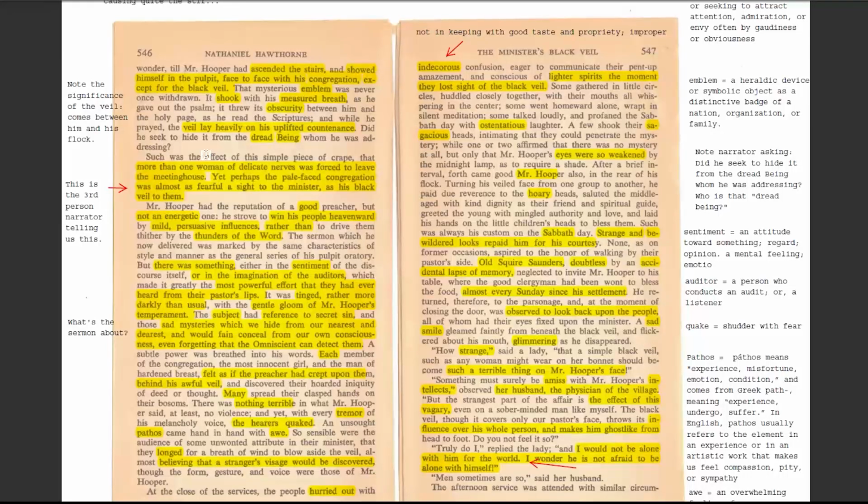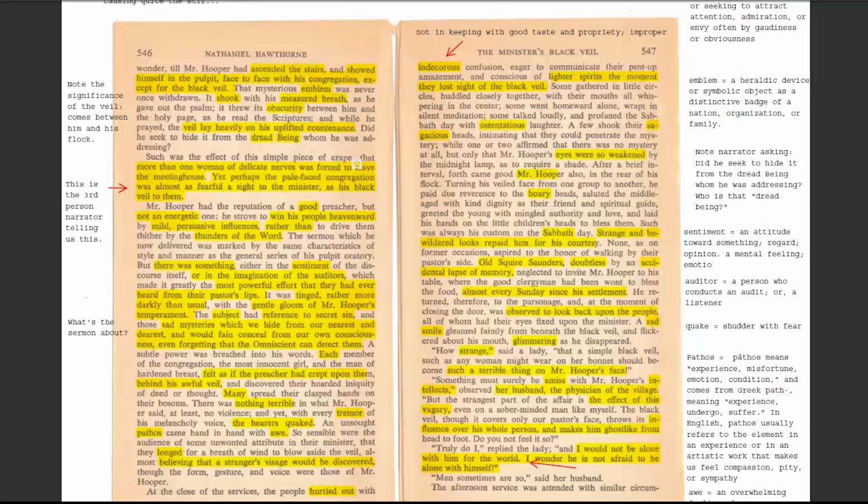He's the third person narrator, and he's asking us a question. Does he answer his question? Aha! Did you read the story? Then you should know the answer. But note the significance of the veil. It comes between him, his flock, his God. It's a veil, and he's put it on. No one else has put that veil on. He did it to himself, and he's separating himself from everyone else.